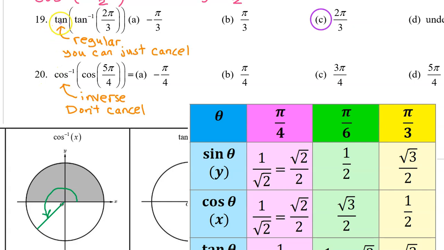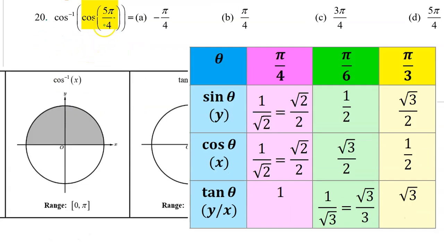When you have a trig function and its inverse, if the regular function is the one on the outside, you can go ahead and cancel them out, because in this case, the outer function doesn't have any range restrictions that you have to worry about. On the other hand, if the outer function is the inverse trig function, you cannot simply cancel them out because we have to consider the range restrictions.